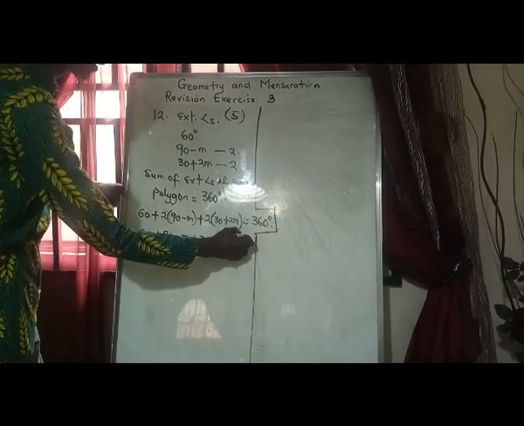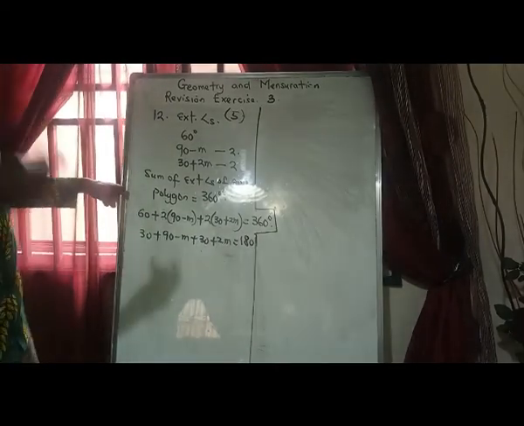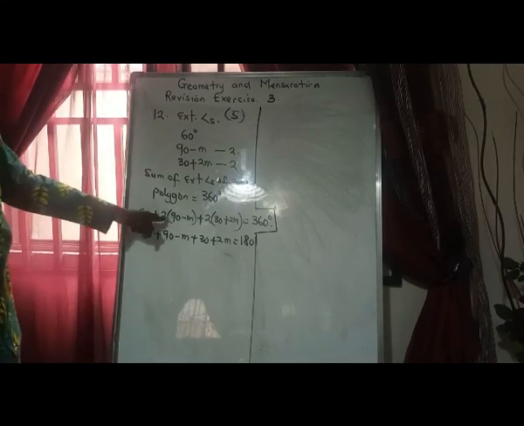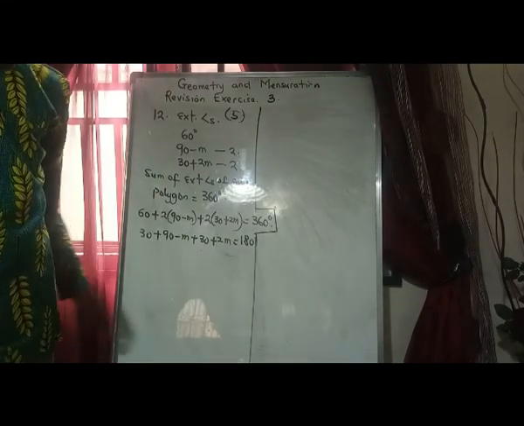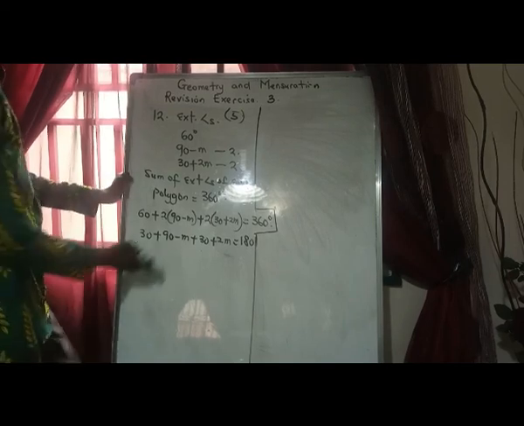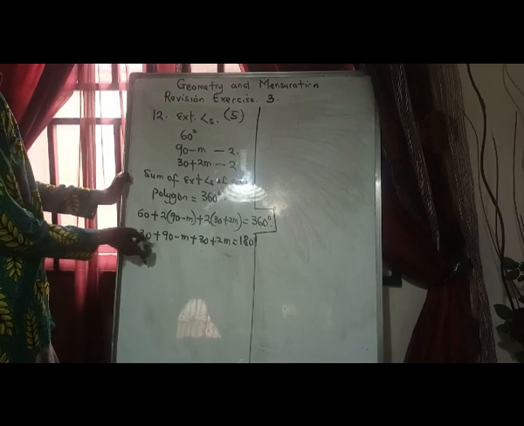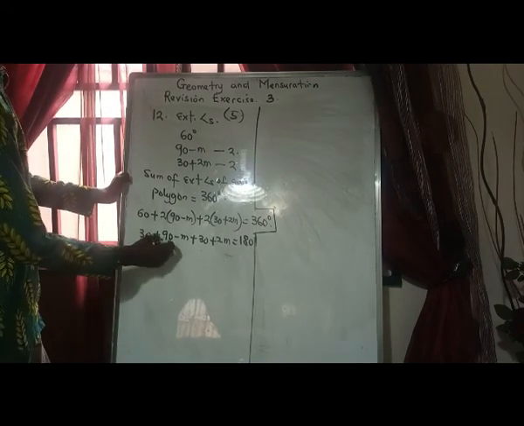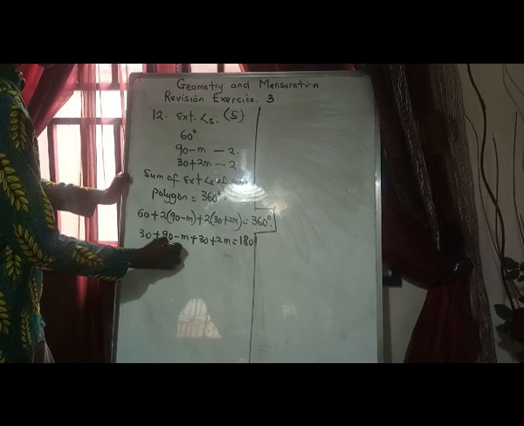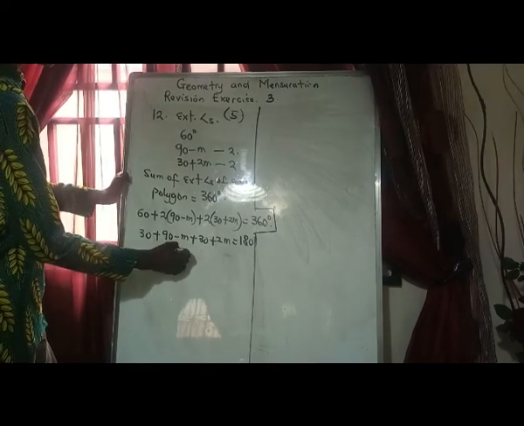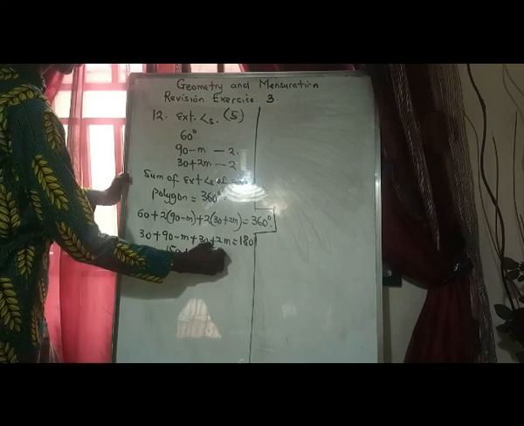So if that is done correctly, that's just my technique, students might choose to do otherwise. I don't always like to expand. Once I spot even numbers, it means that I can divide through. So this becomes 120, 150. So this will be 150 minus m plus 2m will give me plus m equal to 180.